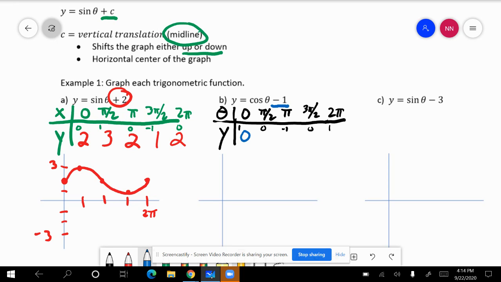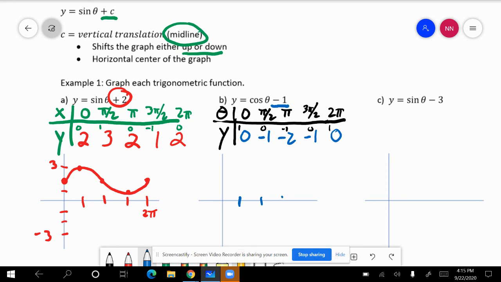The cosine of pi halves is 0. When we subtract 1, we get -1. The cosine of pi is -1, minus 1 is -2. The cosine of 3 pi over 2 is 0, minus 1 is -1. The cosine of 2 pi is 1. When we subtract 1, we get 0.